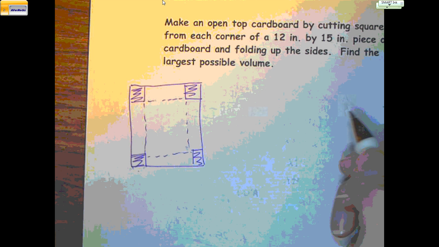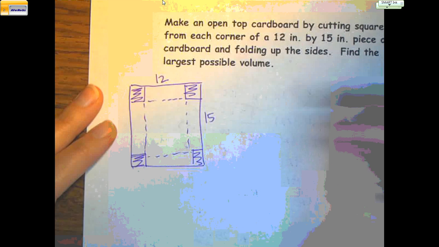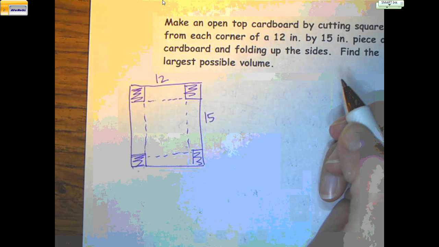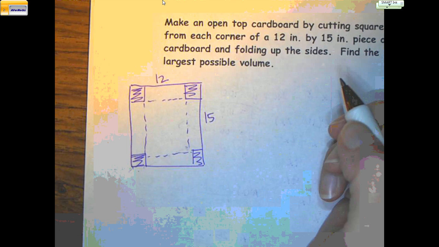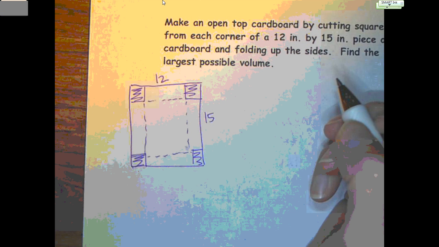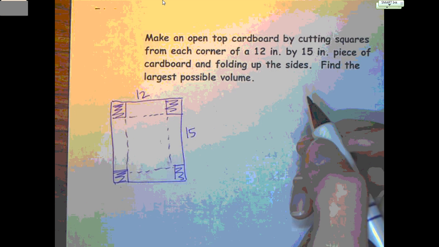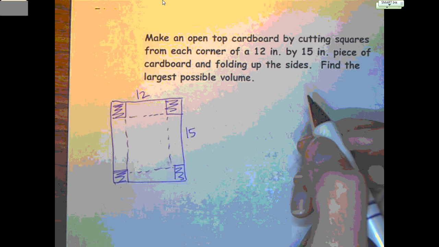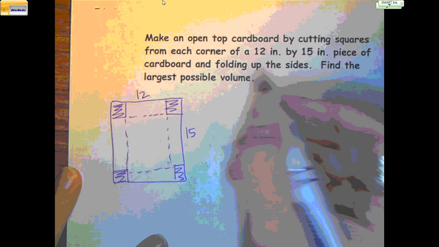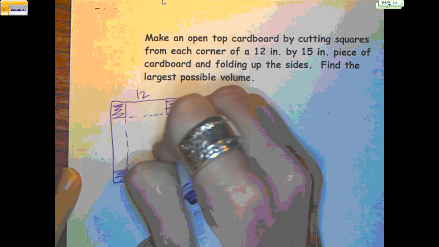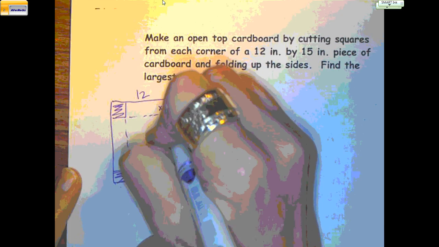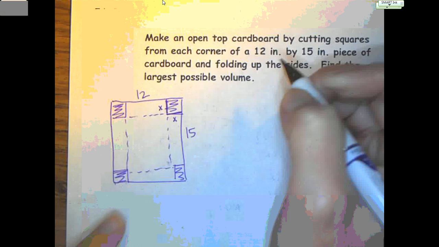So this is a 12 by 15 inch piece of cardboard. How much did we cut off? We don't know, but we need to maximize the volume, right? I do know that I cut off a square. So I don't know how far in I cut or how far over I cut, but I know that those are the same length, right?